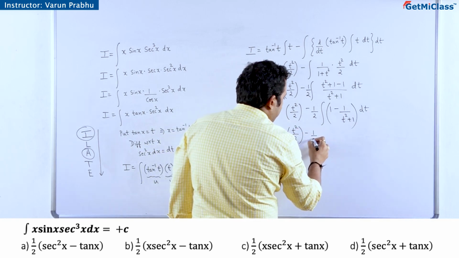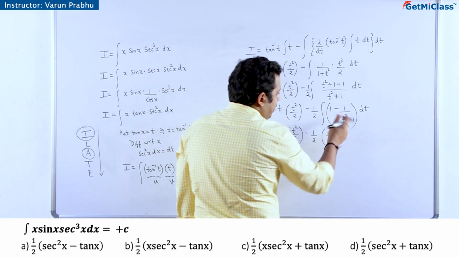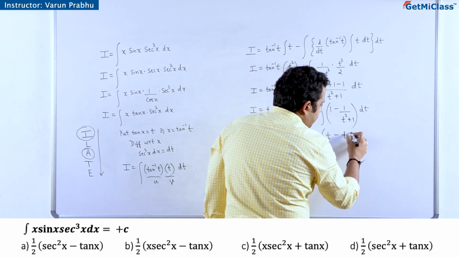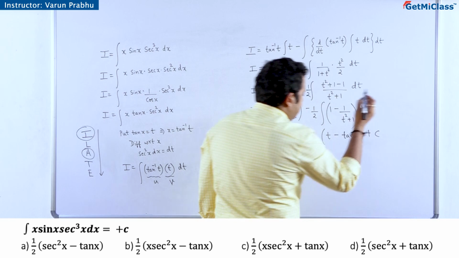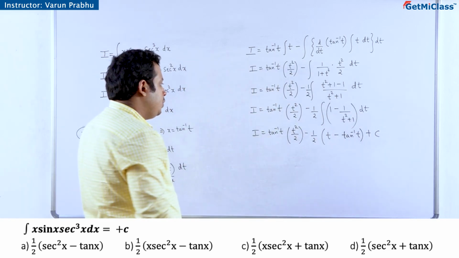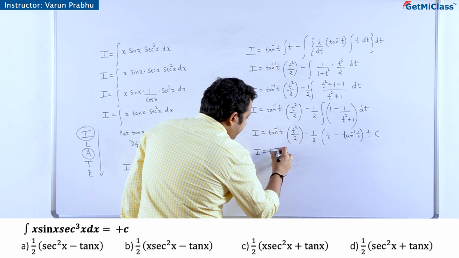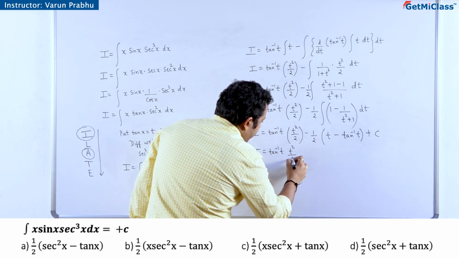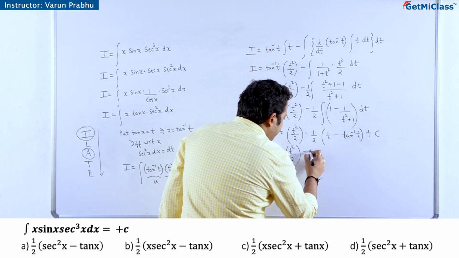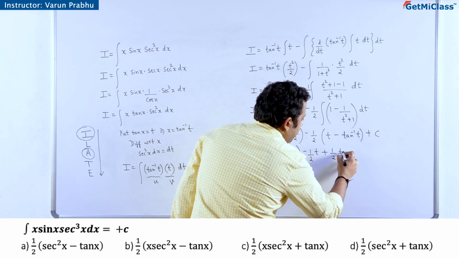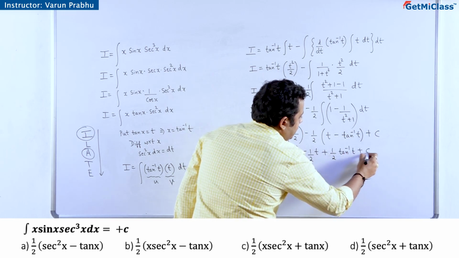So your answer to the question I is equal to tan inverse of t into t square divided by 2 minus 1 divided by 2 into t. Integration of 1 by t square plus 1 is nothing but tan inverse of t plus c, correct? So I is equal to tan inverse of t into t square divided by 2 minus 1 by 2 times t plus 1 by 2 times tan inverse of t plus c, correct or not?